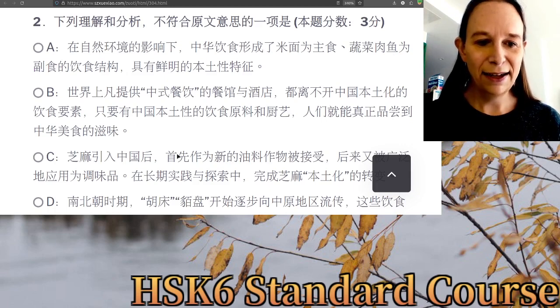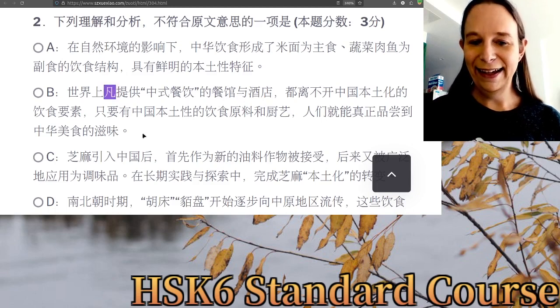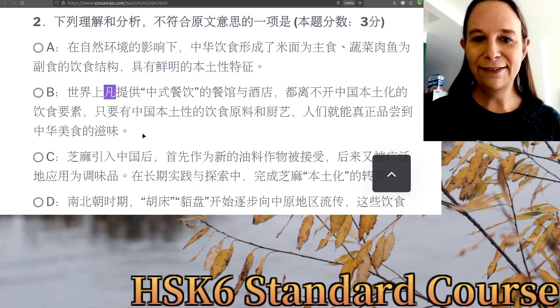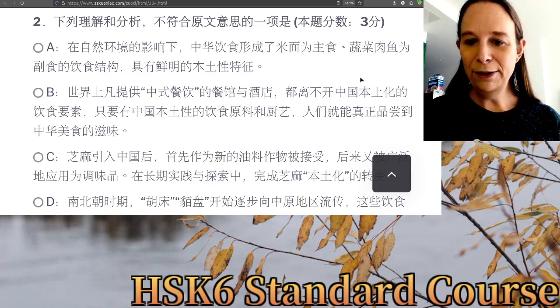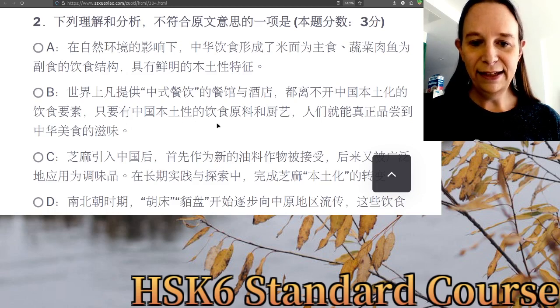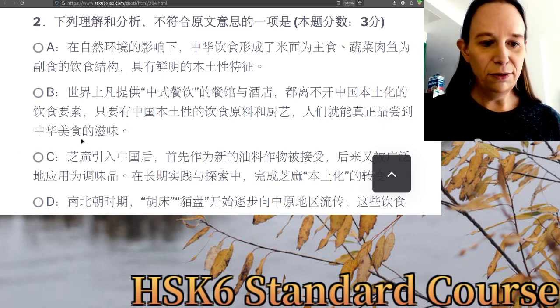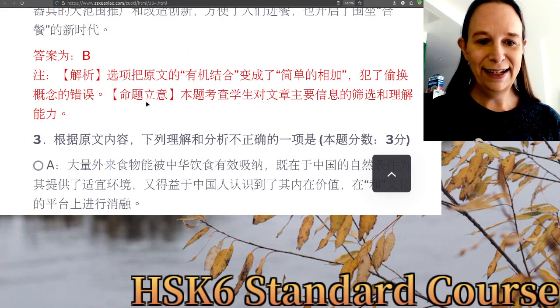It's not obviously incorrect. 世界上凡提供中式餐饮的餐馆与酒店，Yeah, maybe you can kind of get an idea that this is going to be wrong because it has a fan. 都离不开中国本土化的饮食要素。只要有中国本地性的饮食原料和厨艺，人们就能真正品尝到中华美食的滋味。Yeah, it's the fan, right? It's too extreme. I think that's the answer.